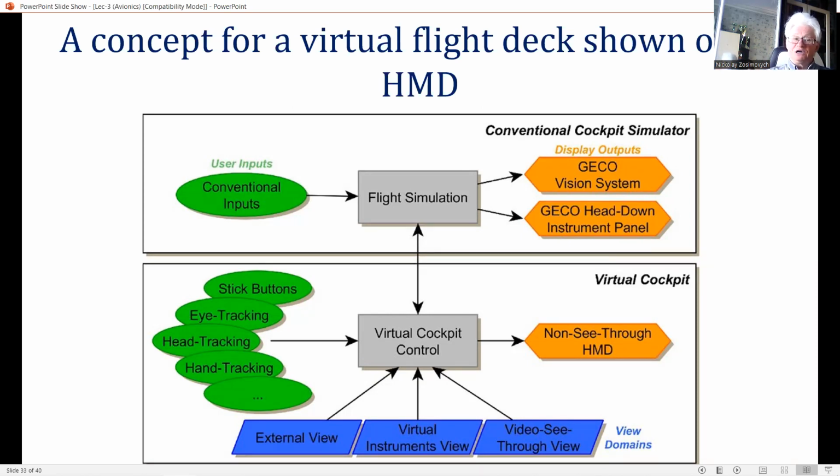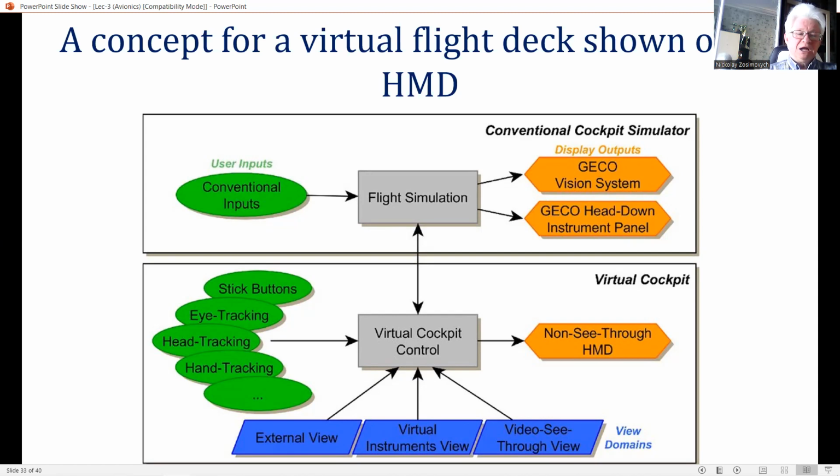The ability to generate 3D displays opens up entirely new ways of presenting information to the pilot and crew. The objective is to present the information so that it can be visually assimilated more easily and in context with the mission.